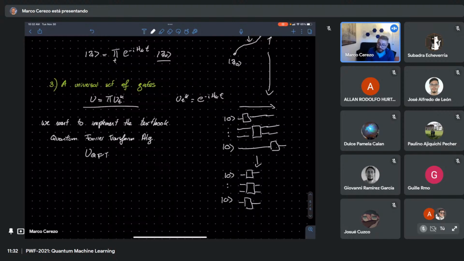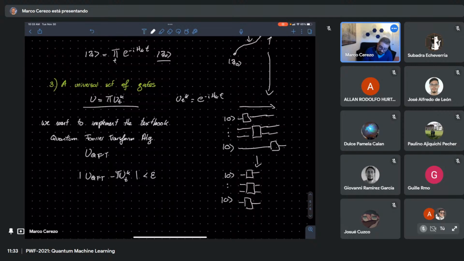So if we have a universal set of gates, what we know is that the norm, for instance, between this QFT matrix and a given sequence of products of unitaries that I'm choosing, evolving for a given time and choosing appropriate unitaries, I can make this matrix norm essentially as small as I want. I can approximate this unitary by just making a sequence of gates that are allowed by the physical interactions in my device.